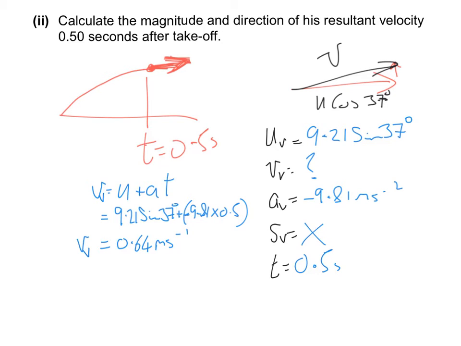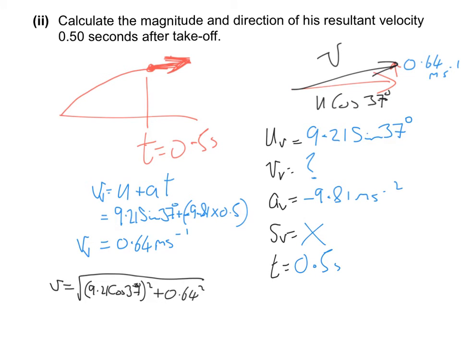and that gives us a v vertical of 0.64 meters per second. So we can now add to our triangle up here that this is 0.64 meters per second. Now we can get the details of this v, because it's going to be the square root from Pythagoras' theorem, the square root of this squared plus this squared.